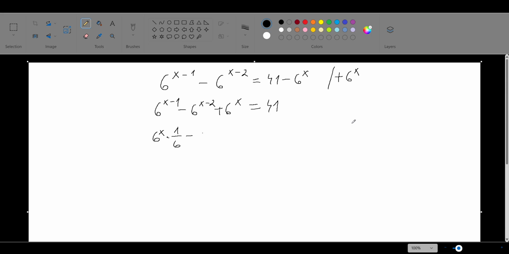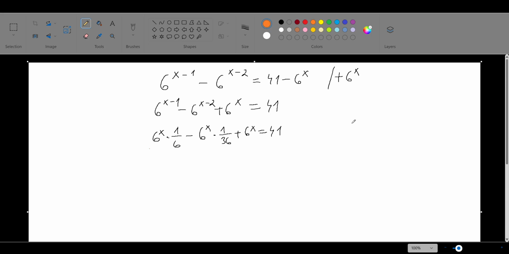Okay, take away 6 to the power of x, the same procedure applies here, times 1 over 6 squared, which is definitely 1 over 36, plus 6 to the power of x is equal to 41.